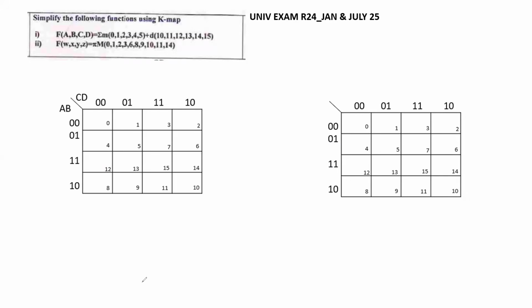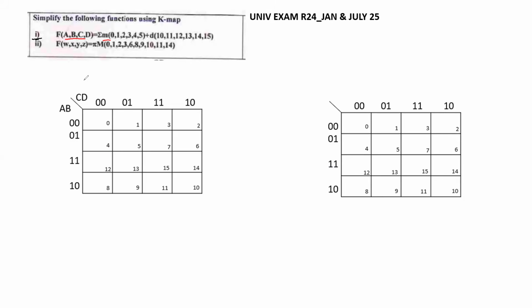For the first part, min terms are given along with don't cares. Four variables are there; in the function itself the variables are given: A, B, C, D. So no need to worry.